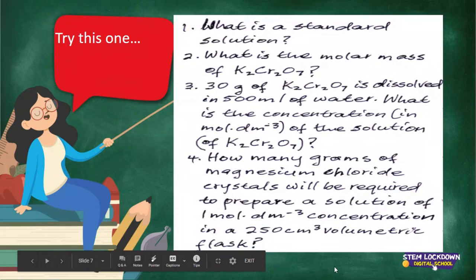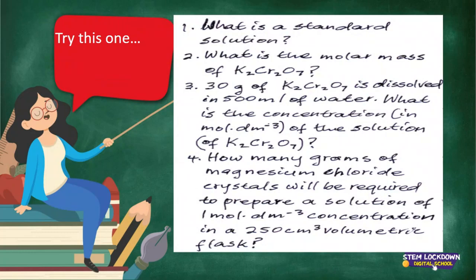Right, now let's do this exercise. The first question, you can take a snapshot of this question. What is a standard solution? And what is the molar mass of potassium dichromate? Then, 30 grams of potassium dichromate is dissolved in 500 ml of water.